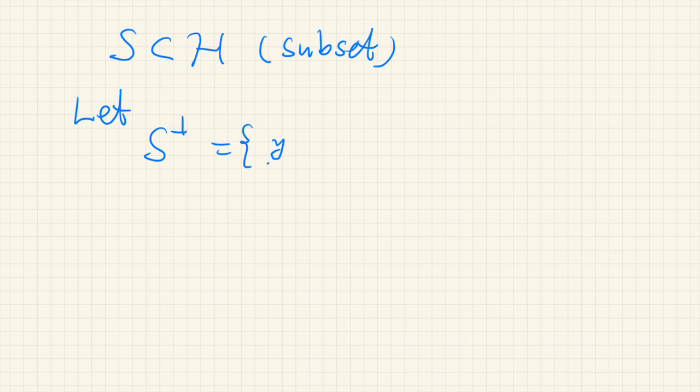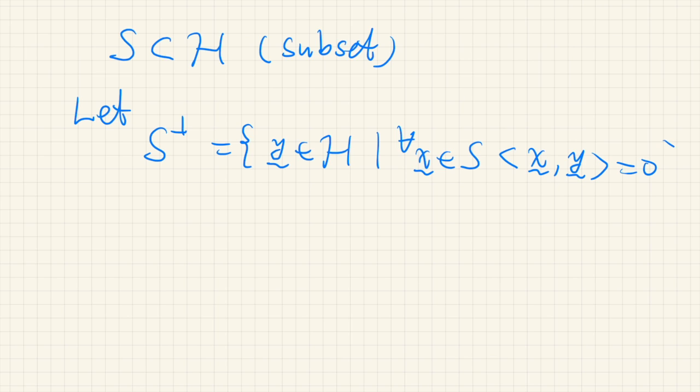It's made of vectors in H such that for all vectors in S, it is orthogonal to it. So S complement is made of all the vectors in H that are orthogonal to every vector in S.